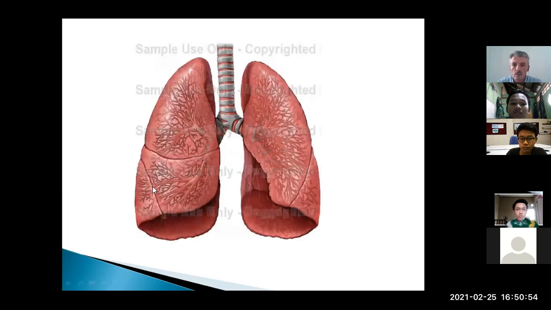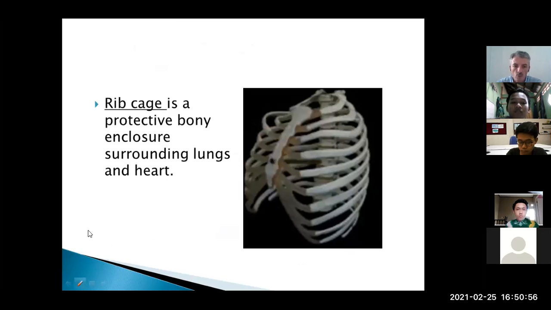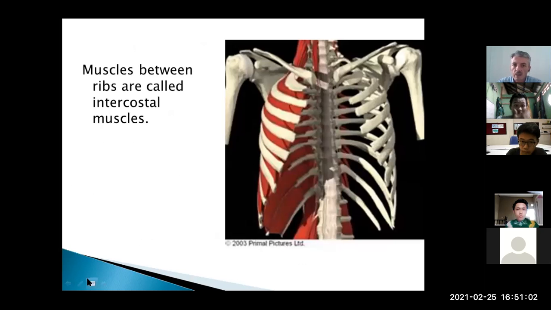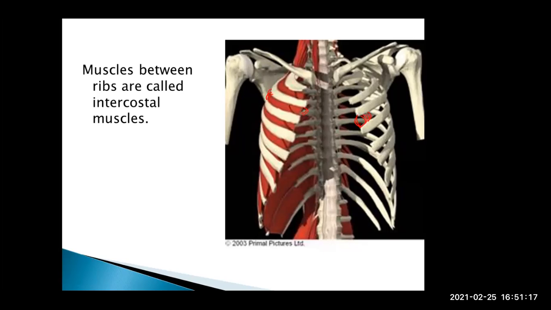Okay, what else? Now the ribs, we come to breathing. Ribs form the rib cage for protection. Between them, there are intercostal muscles. There are 2 sets, one set inside and another set outside.